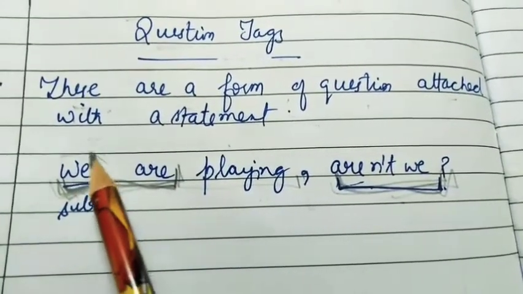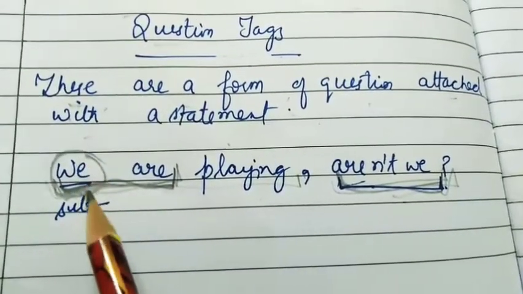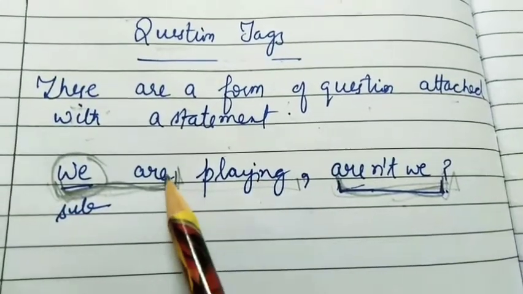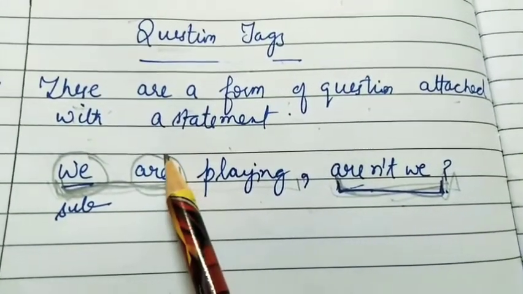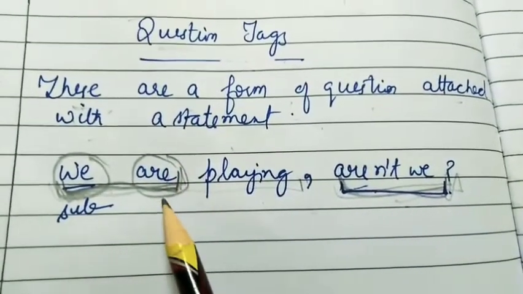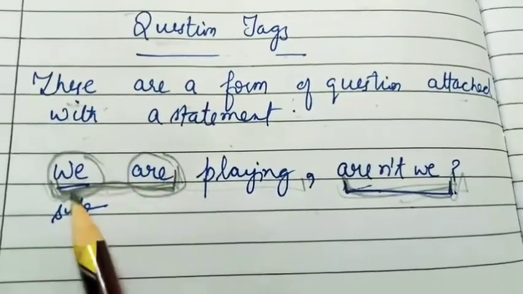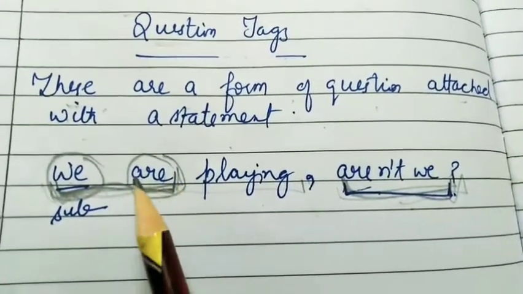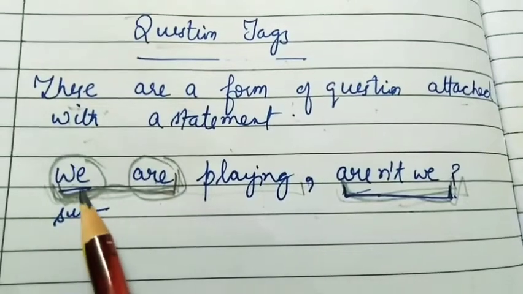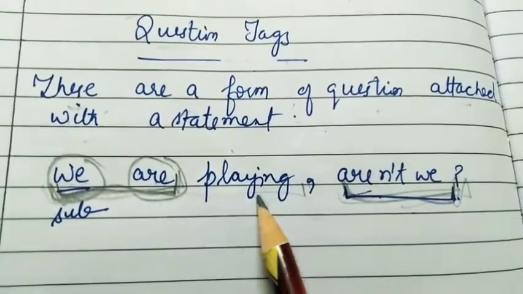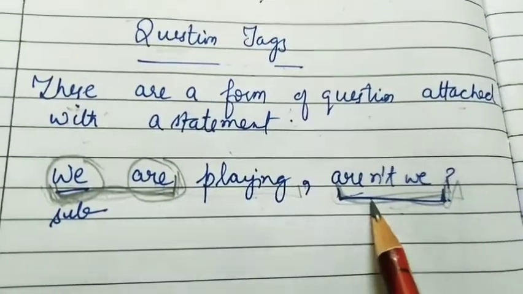Now see here, we have the subject we, so we will be using the plural verb here, like here it is used are. So the question tag will be formed from the same words, there would be a little change. Now this is a positive statement, as we said before that the question tag will be negative here.